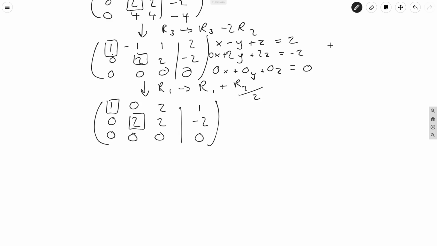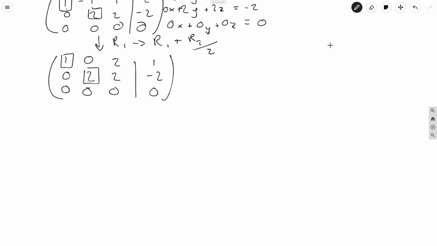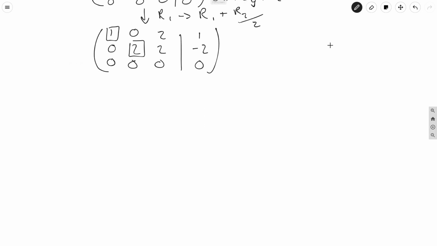Now at this point, I would say we've done as much as we can in this augmented matrix equation, so I would suggest we turn it back to a system of linear equations to see what we figured out. Okay, so we know that x plus 2z is equal to 1, and 2y plus 2z is equal to minus 2. Now, what we should notice here is that although we've got 2 equations, we've got 3 variables.